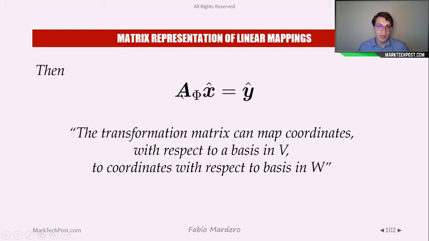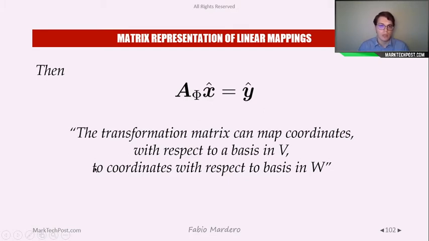So that's why we have just represented a linear map with a matrix. This could be seen as phi of vector x equals vector y.